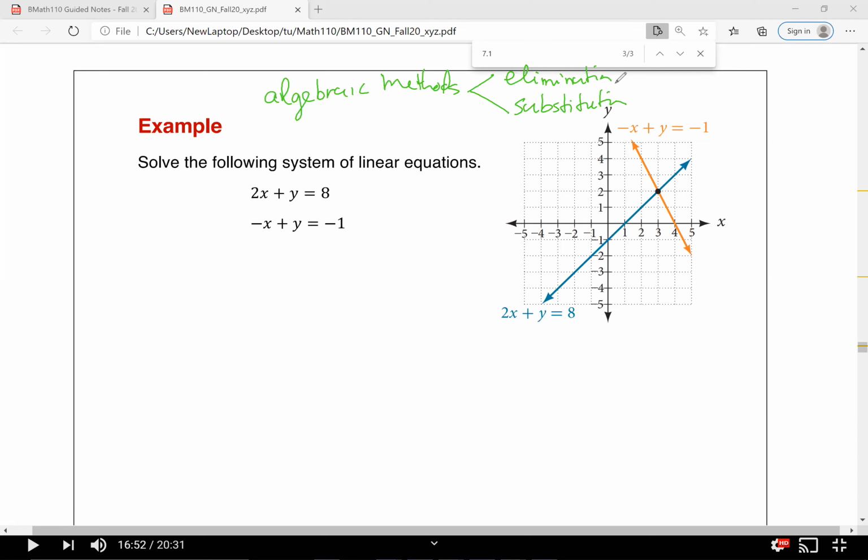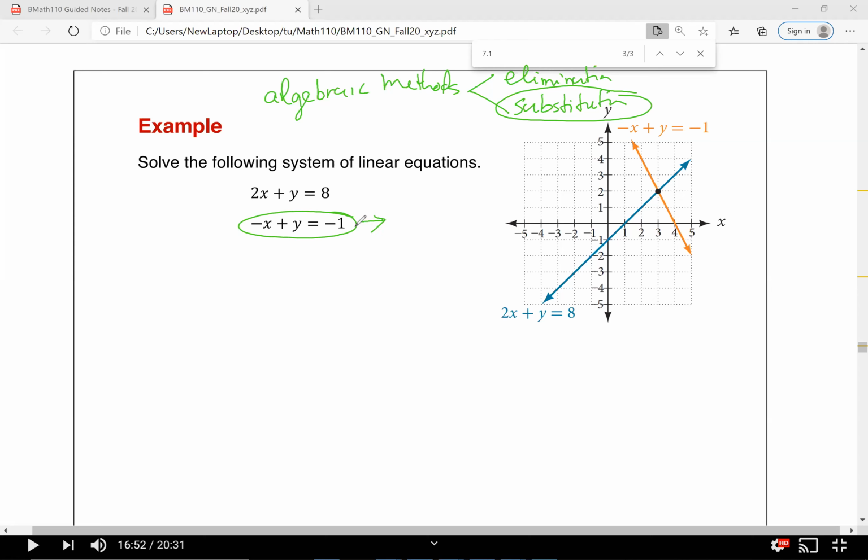Let me show you by using substitution first. For substitution, you should choose an equation in which you can isolate a variable easily. For example, in this case, you can choose the second one.